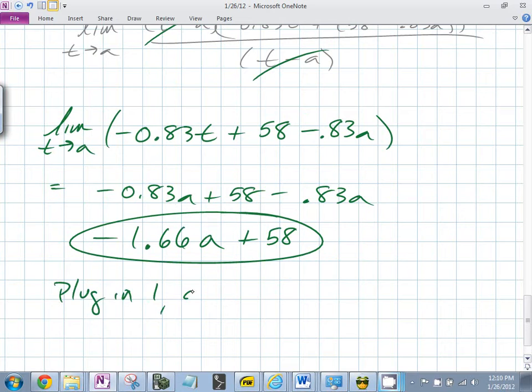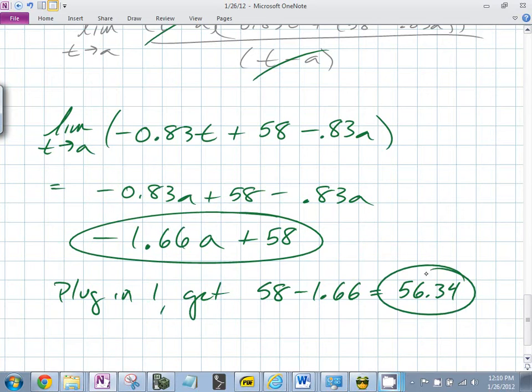Is that exactly what we got before? Just because it works with one number doesn't mean it works with all of them, but it's a good sign. If you didn't get that number, 56.34, it means this is wrong. Is this nasty? Yeah, it is. There's no way around it.